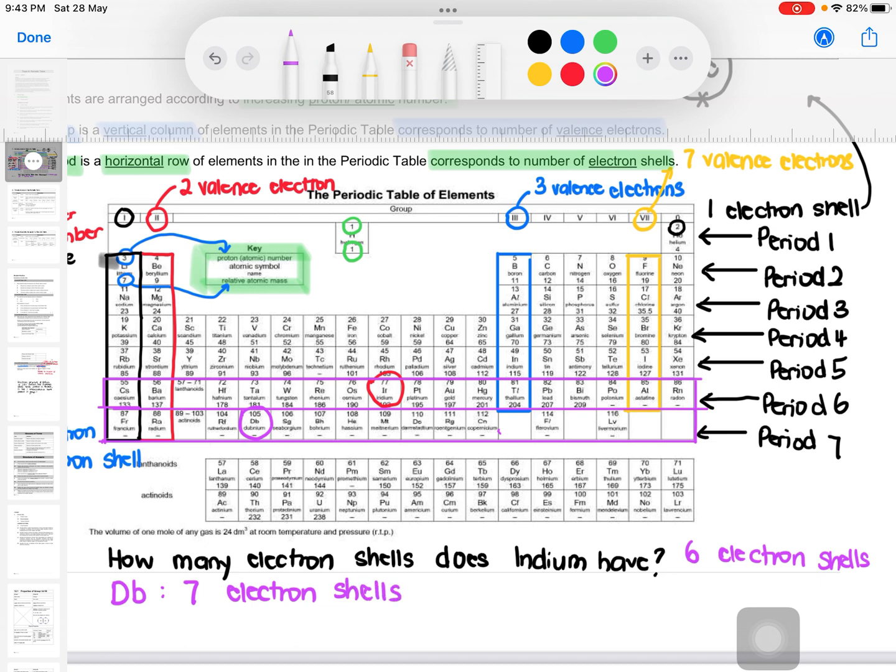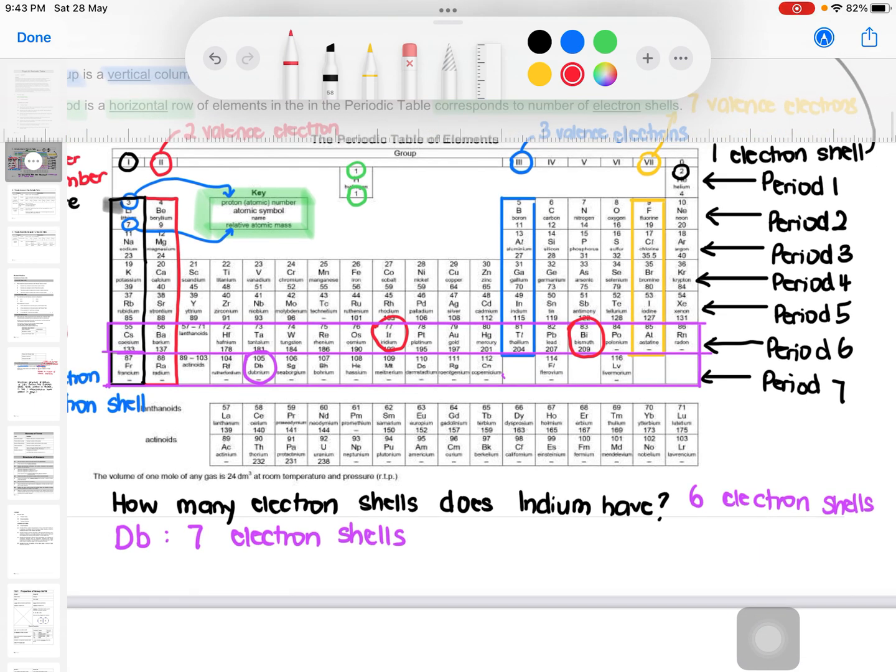Okay, so if they were to ask you which group and which period does the element bismuth have, for example, bismuth here, which group does it belong to? The group is this one here.